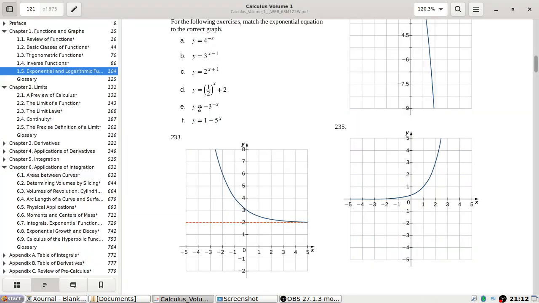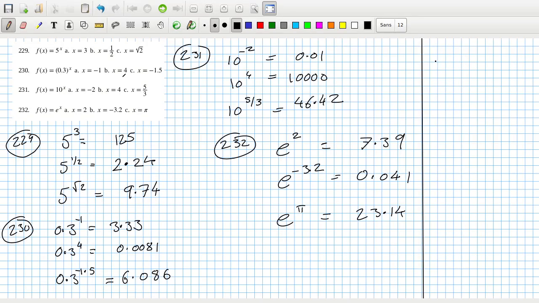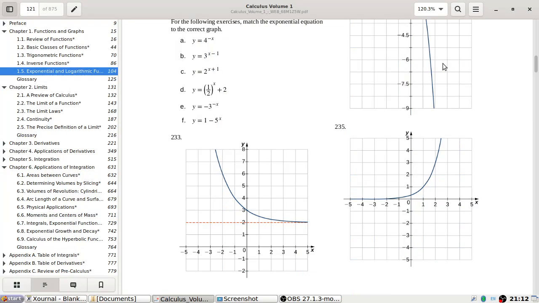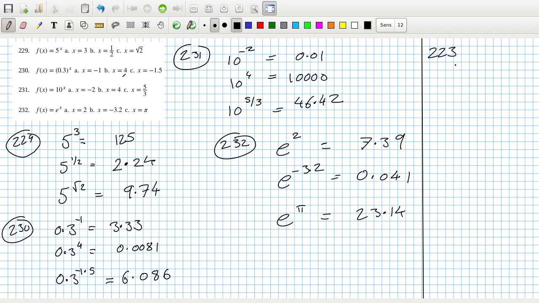1, 2, 3, 4, 5, 6. Okay, 223. There's 6 of them.